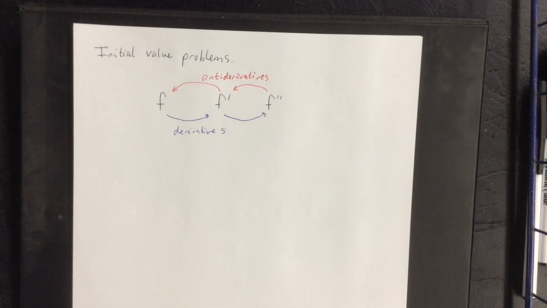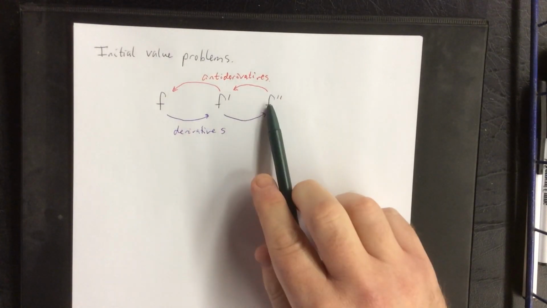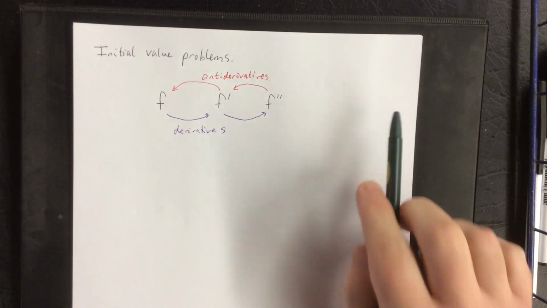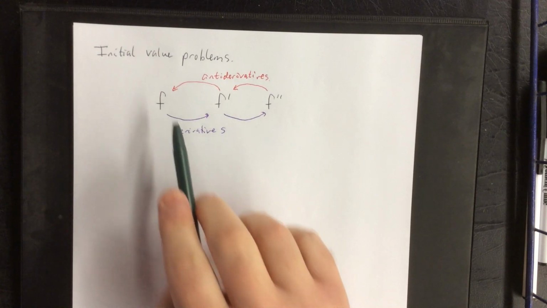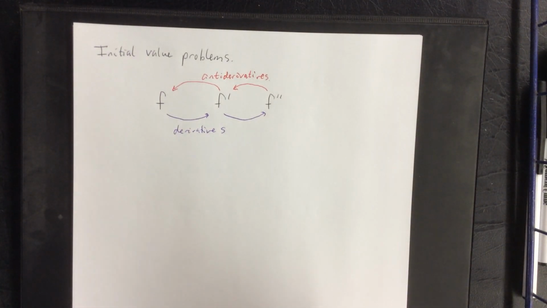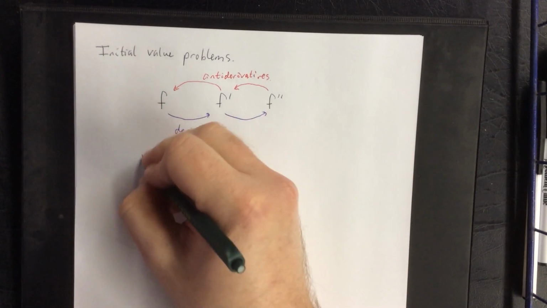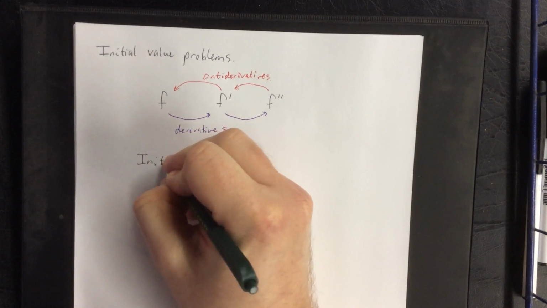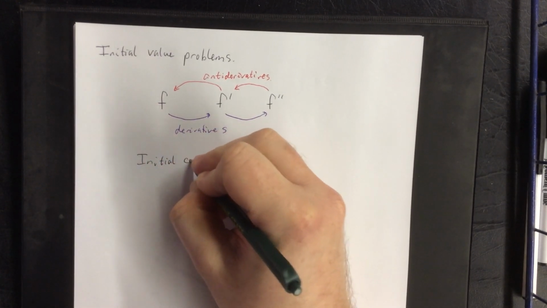Now, the idea behind an initial value problem is that you will be given either a first or a second or a third or a fourth or a fifth derivative, and you'll be asked to find what is the original function f that gets you there. However, every time you do an antiderivative, it'll be necessary to add in an additional constant, that plus c that we've talked about. As a result, you will need initial conditions to solve for that plus c.